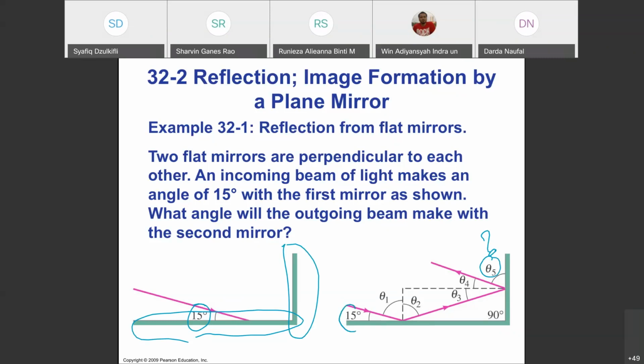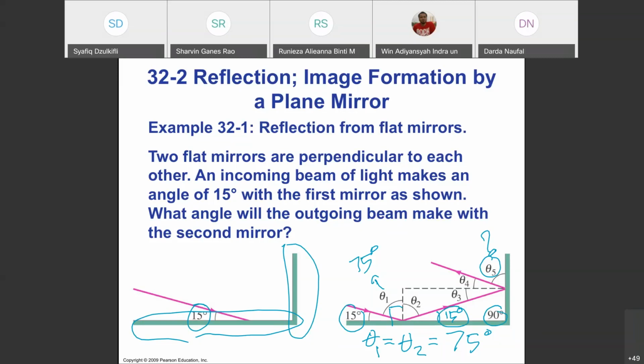If this is 15, so this one will be, because this one is 90, right? So this one must be 75. According to the reflection law, theta 1 equals theta 2 equals 75, right? So this one must be 15 degrees, correct? This one 15, this one 90.